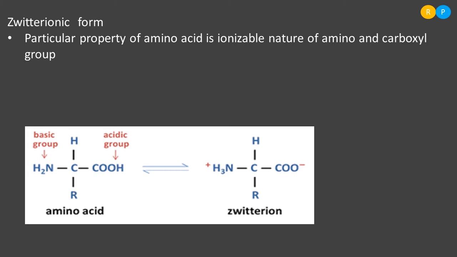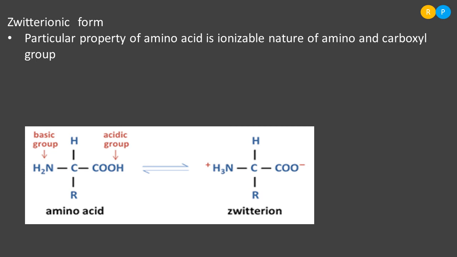The amino group is protonated here, so a single amino acid shows both charges. Because the carboxyl group is deprotonated, it gets a negative charge here, and the amino group, because it is protonated, gains one proton, so it is positively charged. Clear? This is the Zwitter ionic form of an amino acid.